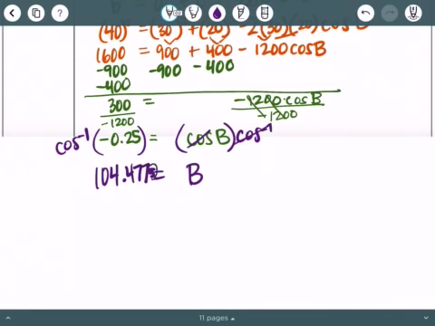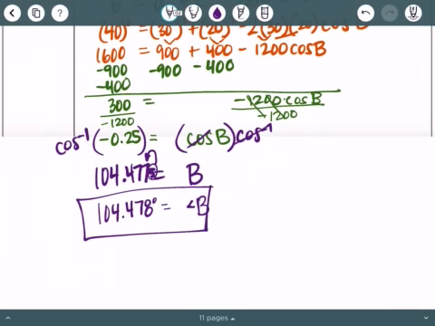The next number is a 5, so it's going to make this one round up. 104.478 degrees is angle B. And that would be my answer.